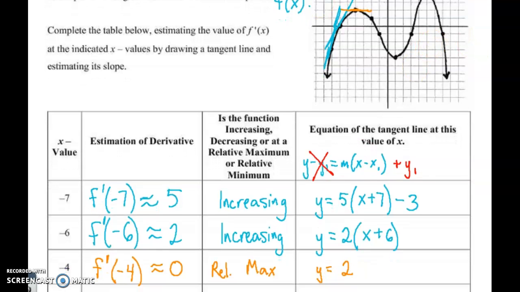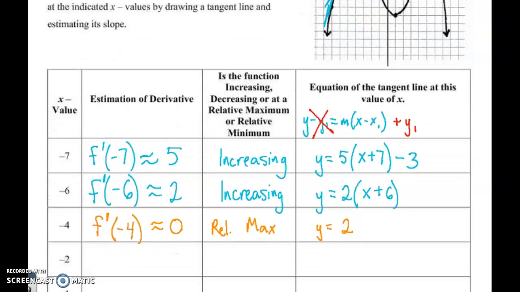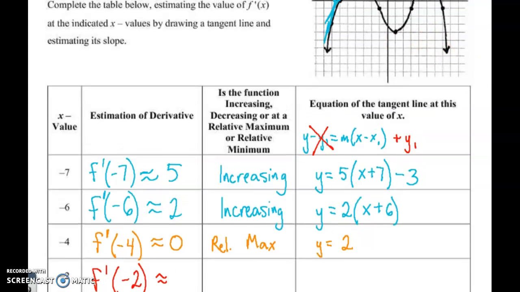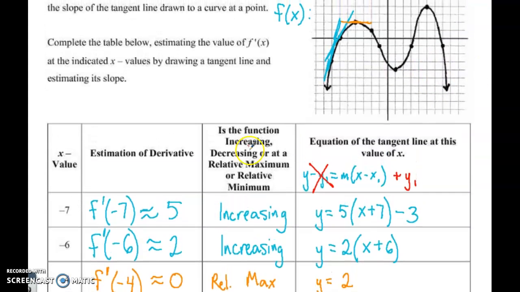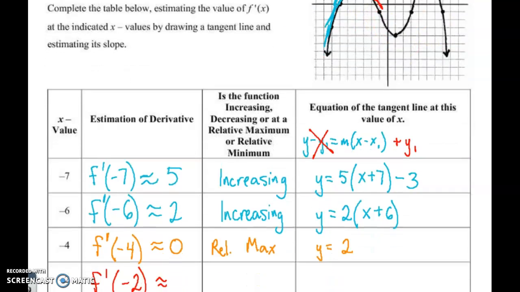It's the same thing. So let me change colors again for f of -2. So f prime of -2 is approximately, because we're just drawing it on the graph, we're not actually numerically finding it out. If I'm judging, I would say that looks like it's about -1, like down 1, right 1.